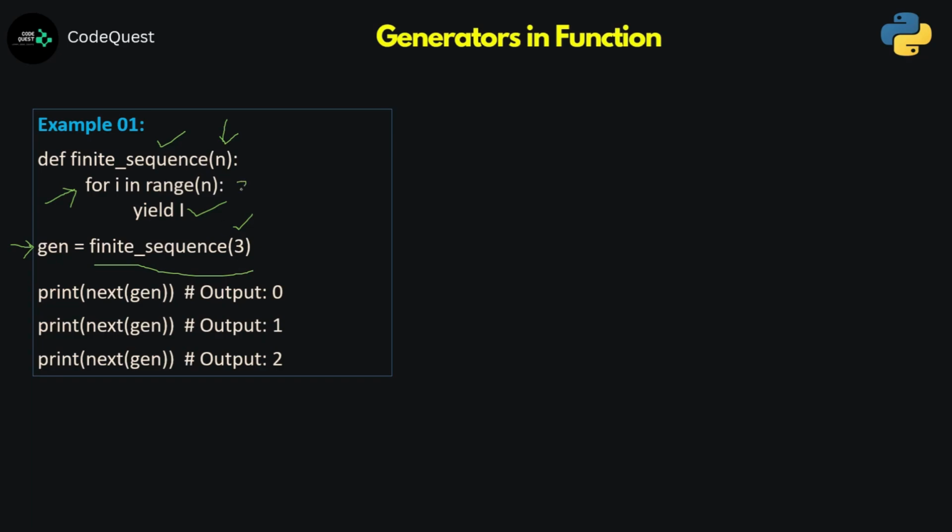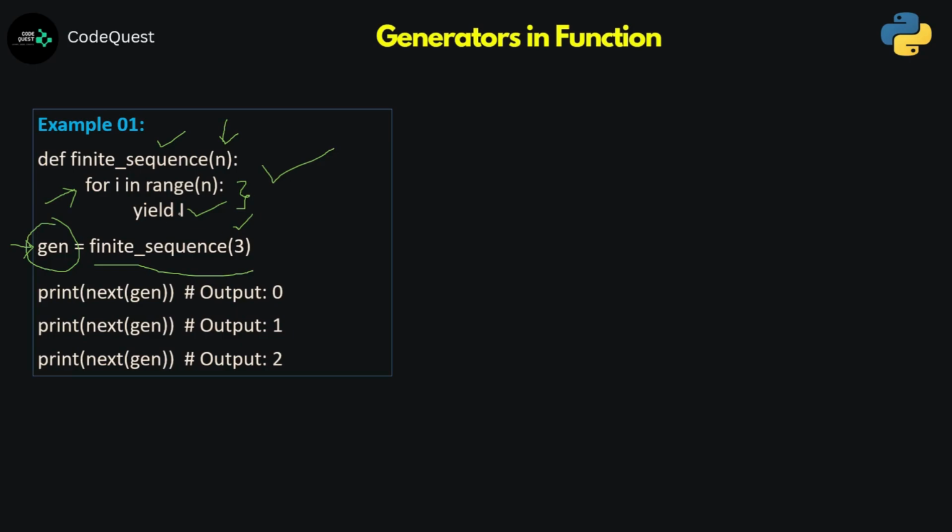As a result, the for loop is going to work 3 times: for i value 0, i value 1 and i value 2. This yield i is going to return the corresponding value each time I call the next function on it. So now gen has the set of values which are to be returned out of this generator.